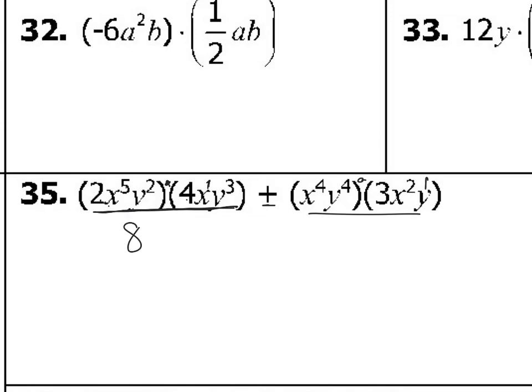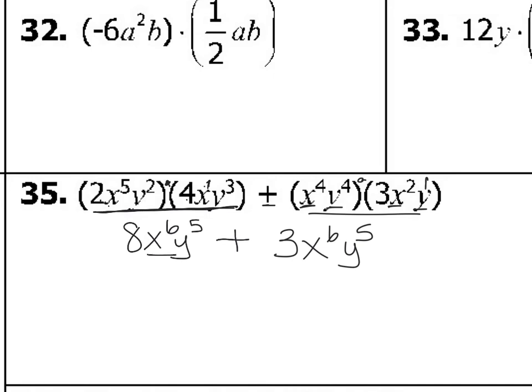So my x's, 5 plus 1 is 6. My y's is going to be 2 plus 3 is 5. And then we're going to bring down the add sign. And then 3. And then my x's, 4 plus 2 is 6. And my y's, 4 plus 1 is 5.